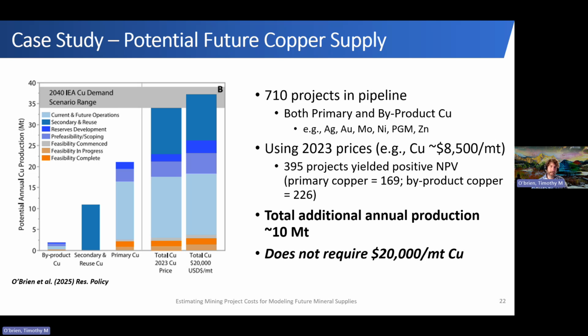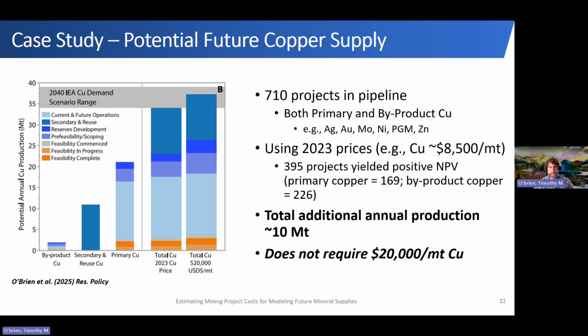go back to S&P and look at projects that fell between reserves development, those that are getting ready to state what their resource is, to all those that have completed a feasibility study. From that, you get about 710 projects within the pipeline.